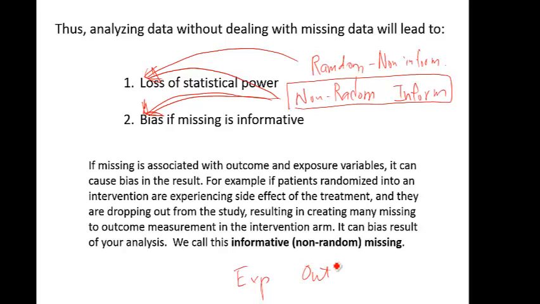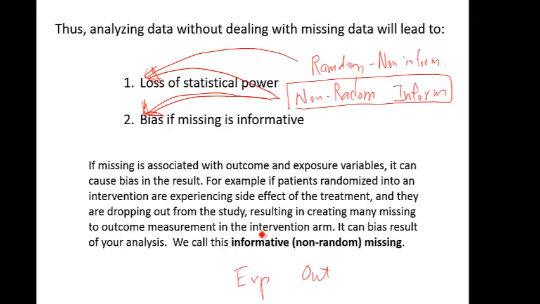an RCT, with the new treatment, patients are experiencing side effects, and because of that, they start dropping out from your study. And when they drop out, obviously you can't really observe events. You will miss a number of events. The mortality would be lower, right? Underestimated.